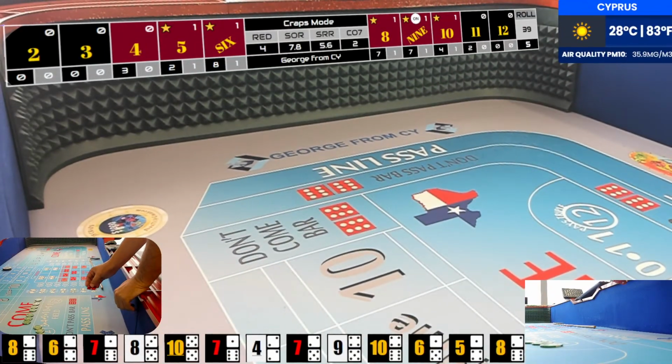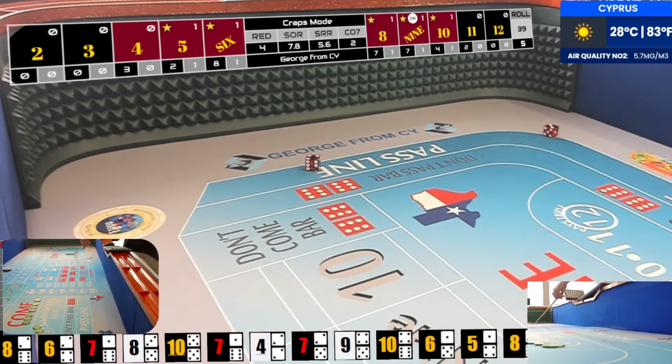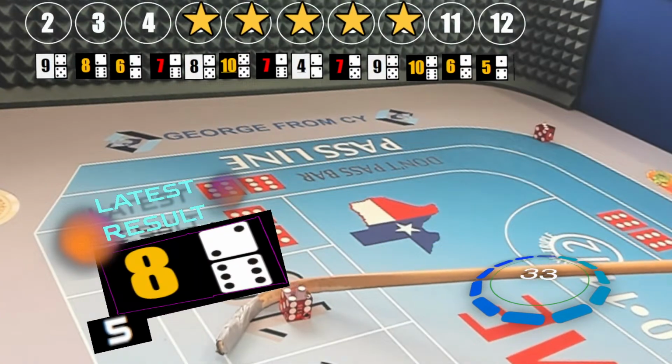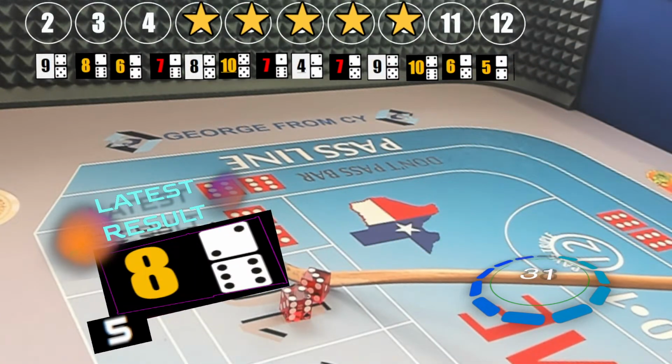Six two, dice out. From the sides, 4-3. With a 6-1 as well.